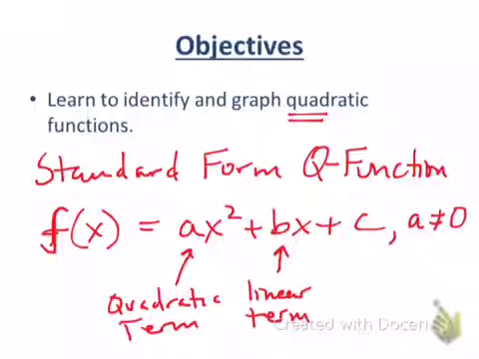Because if for some reason we no longer had the ax squared term, we'd be just left with bx plus c, and bx plus c is a linear expression, just like mx plus b is. All right, so letter c is called the constant. It's like 5. It doesn't change.